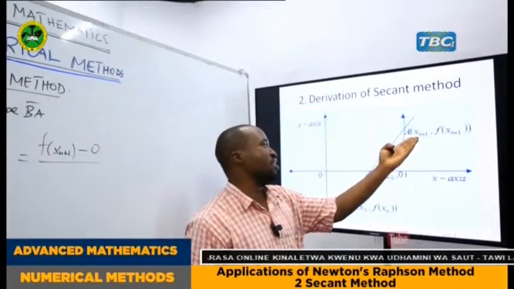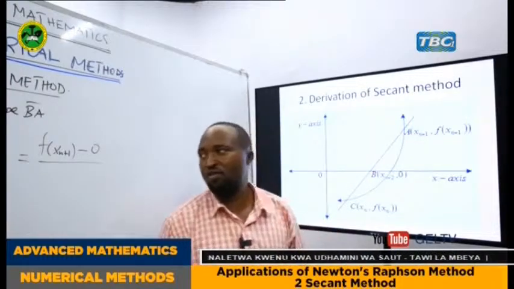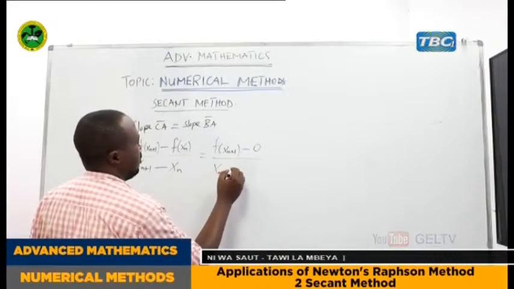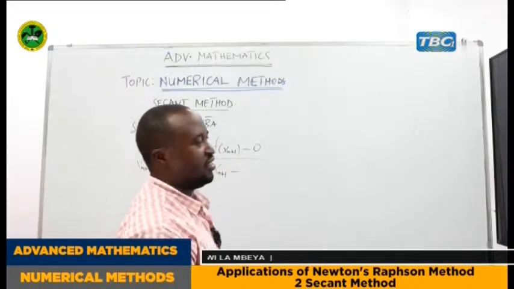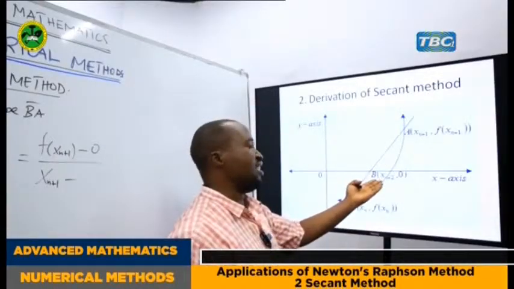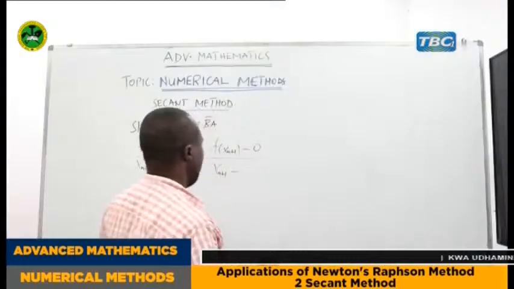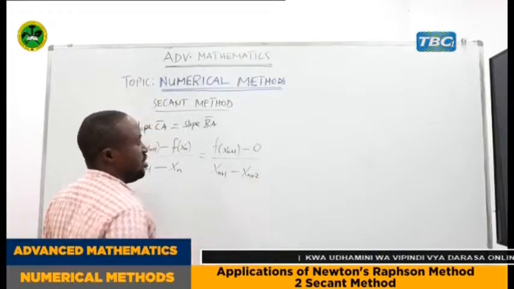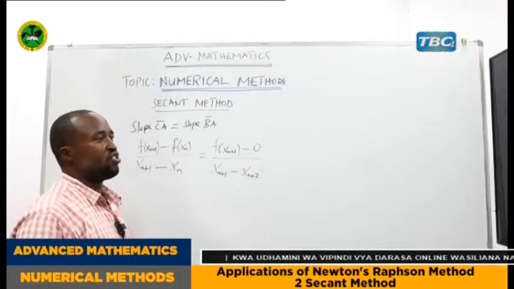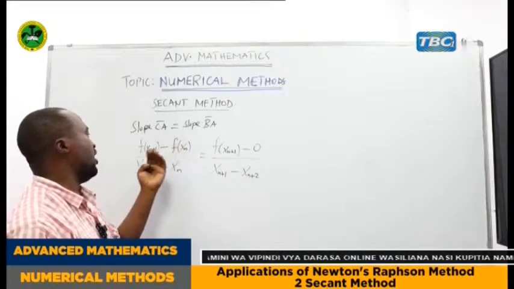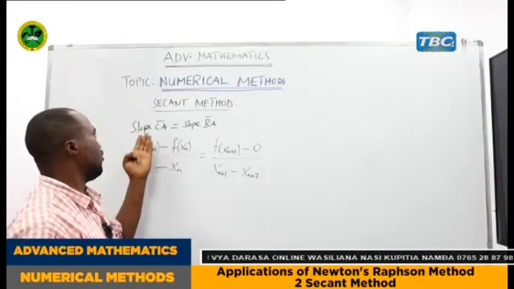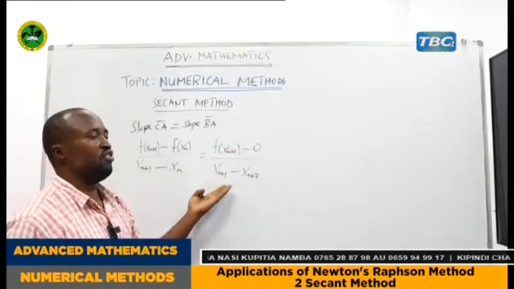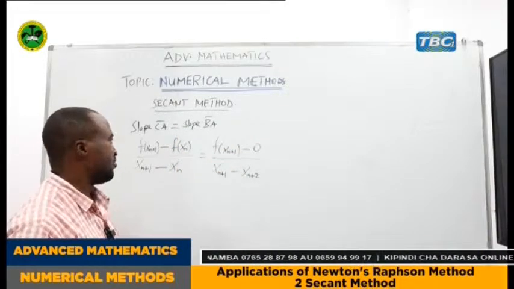So x2 is the same as x(n+1). We call that x(n+1) minus, then x1 will be x(n+2). So here we minus x(n+2). That is the definition for a slope. Just take a change in y over change in x. That is for CA. And for BA we do the same, change in y over change in x.